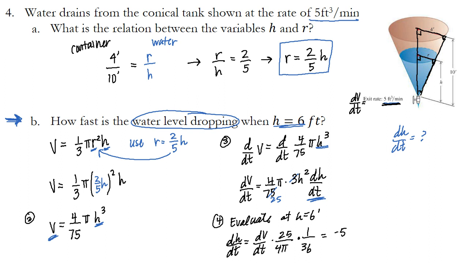So this is negative 5 cubic feet per minute times 25 over 4 pi. Those are all just constants times 1 over 36. Remember, that's feet squared from h squared. That gives us a change in height with respect to time of about negative 0.276 feet per minute.